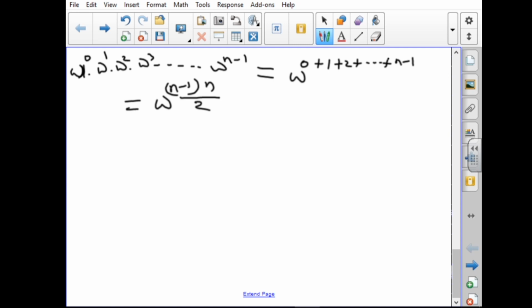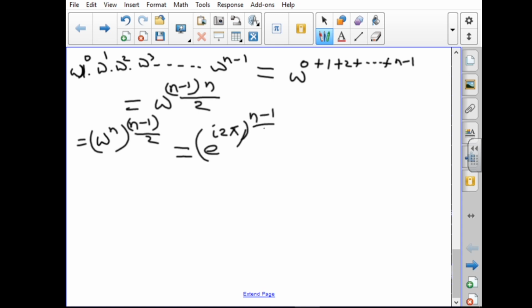So, what is omega power n? This can also be written as omega power n into n minus 1 by 2. So, we have omega is e power i 2 pi by n, so i 2 pi power n minus 1 by 2. So, this 2 will get cancelled.